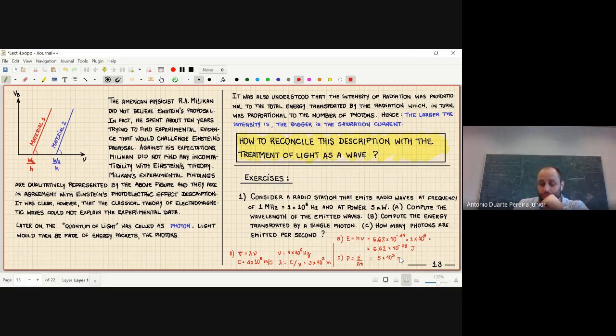delta T. But the energy is nothing but the quantity of photons times h nu, right? So you just write the energy as being the number of photons times h nu, and this is divided by delta T. So you want to have the number of photons divided by time, the number of photons per second.